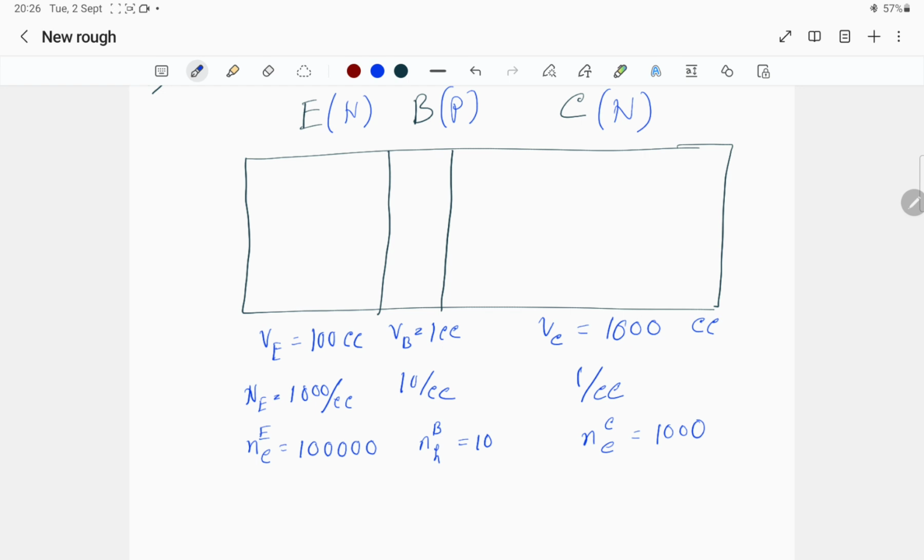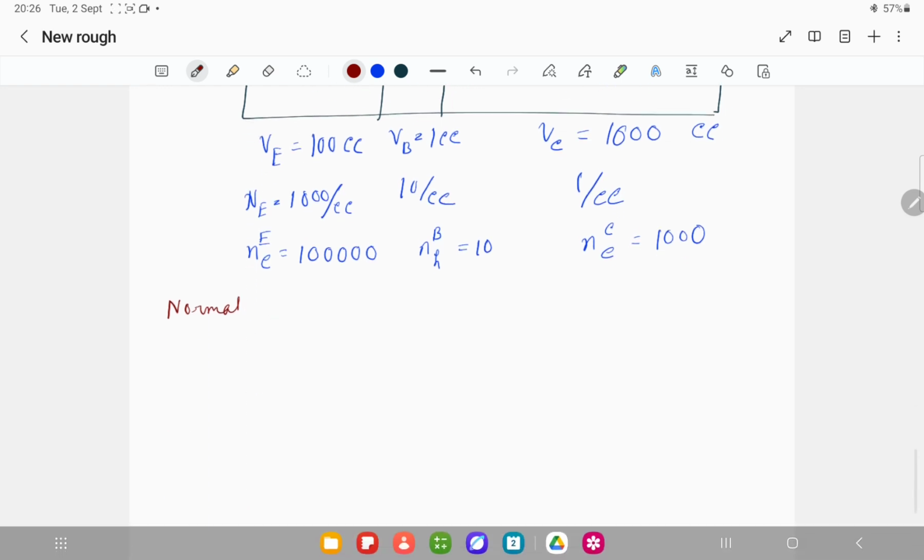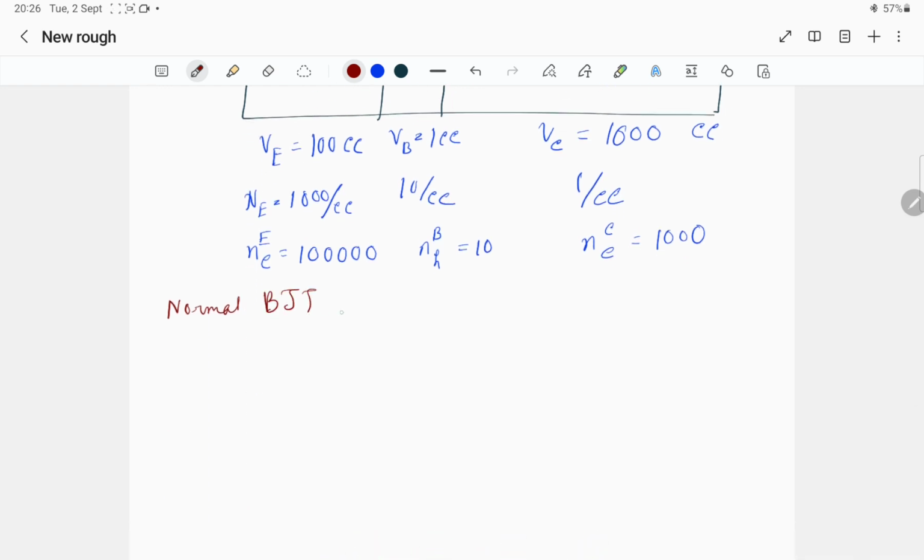Now first we must remember that for a normal BJT operation, JE is forward bias and JC is reverse bias, fine.